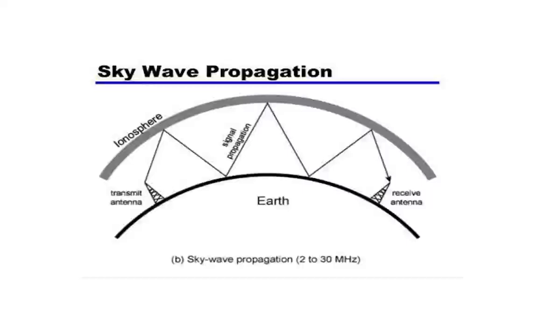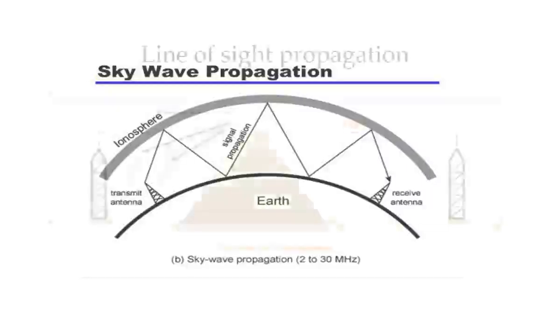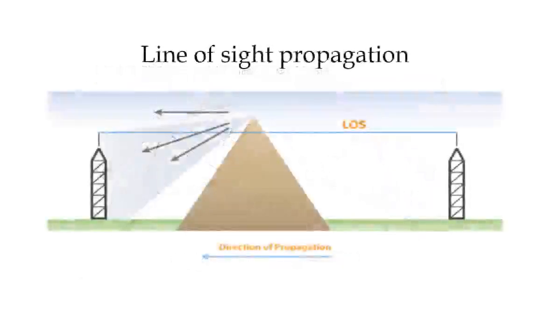This is the third propagation method, line of sight propagation, which maintains a straight line of connectivity, and of course it needs the straight line, otherwise the transmission will not take effect. In this picture, the right side tower is connected with the left hand side tower and transmits from right to left.